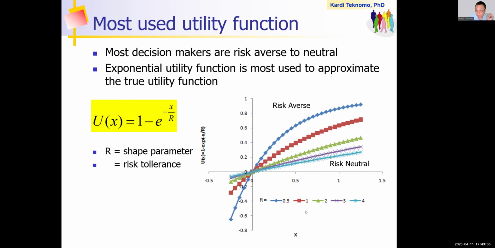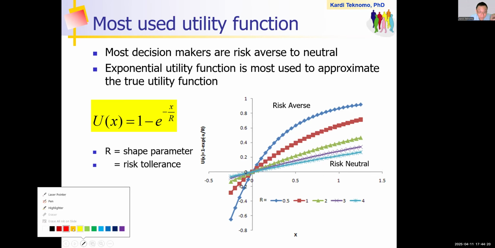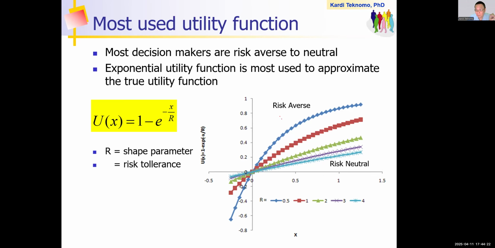When R is very big, it is more risk neutral. So the value of R represents the risk tolerance. Smaller R, more risk averse, going toward the top left direction.